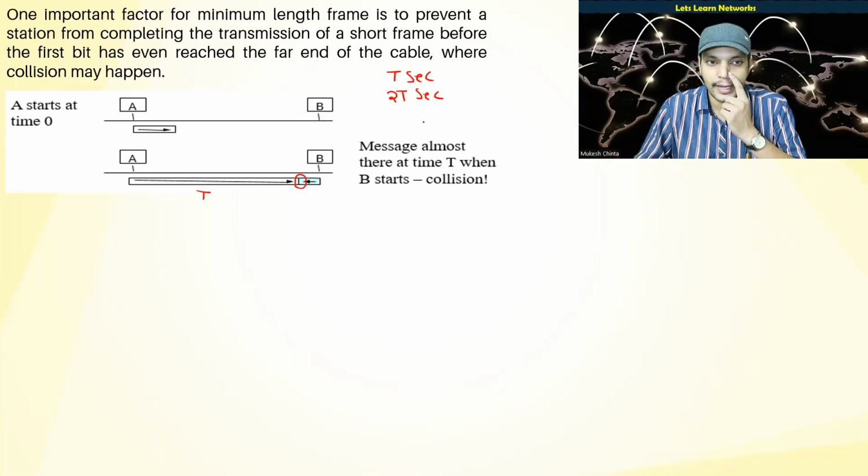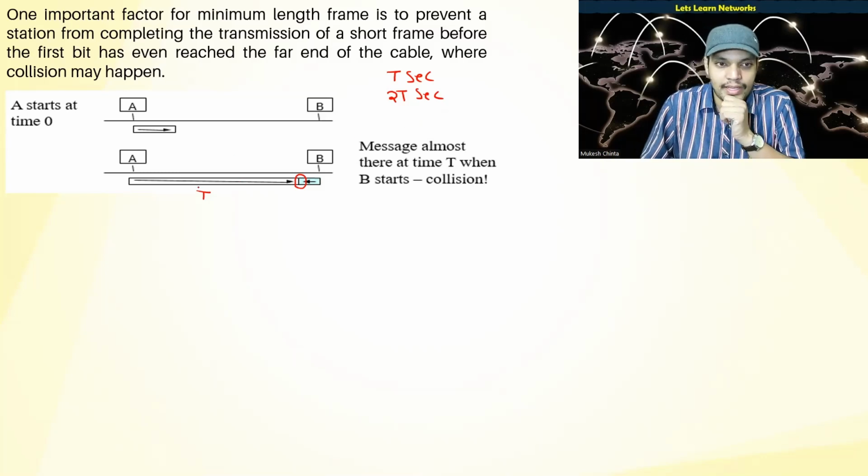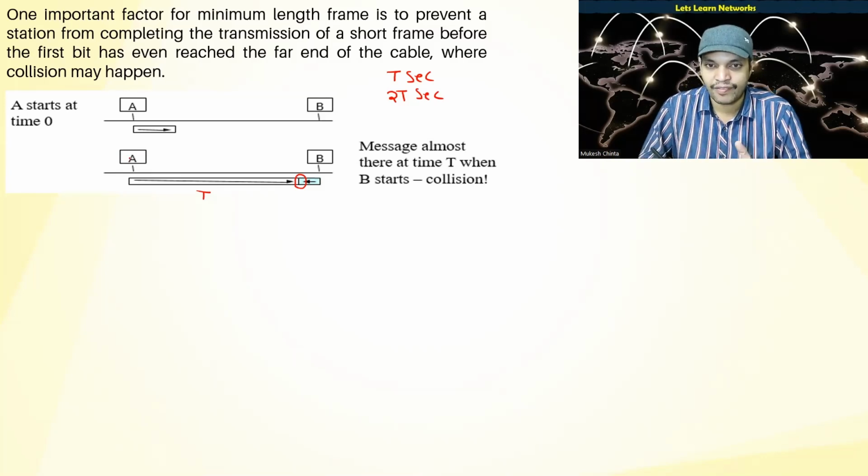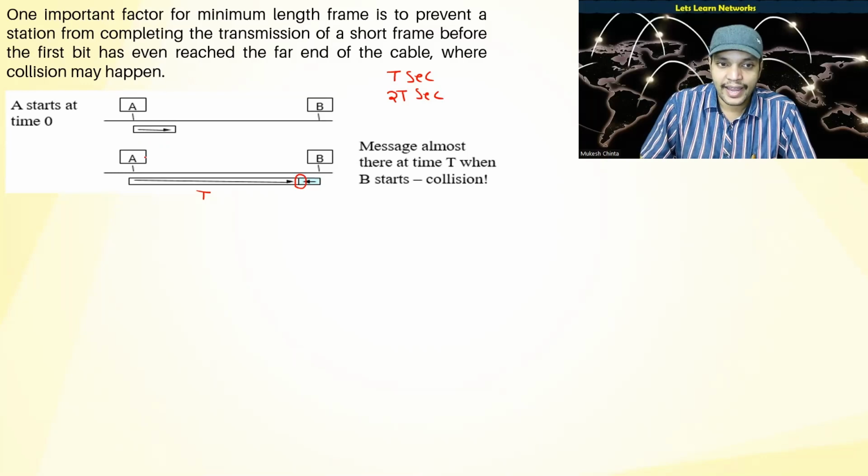Now, what is the requirement here? My requirement is that A's frame must have enough information such that A must still be transmitting at 2t seconds for it to be listening to this collision. For A to listen to this collision and know that a collision has happened, it has to be transmitting even at 2t seconds.